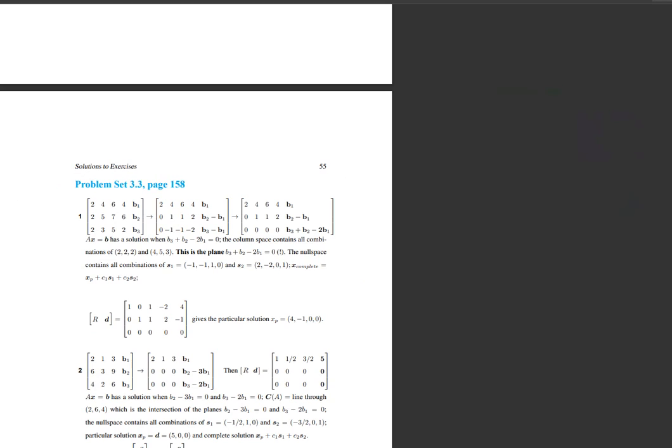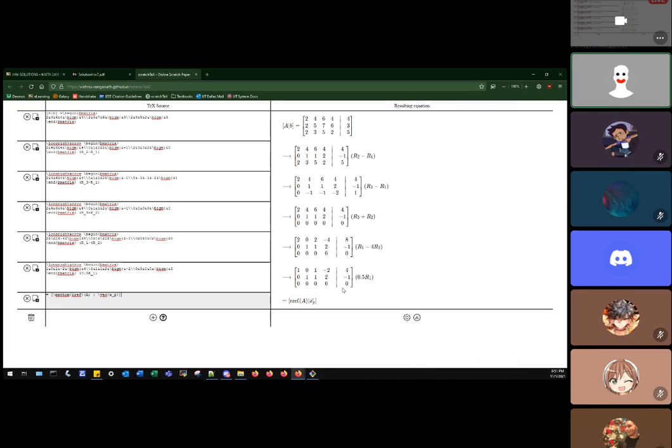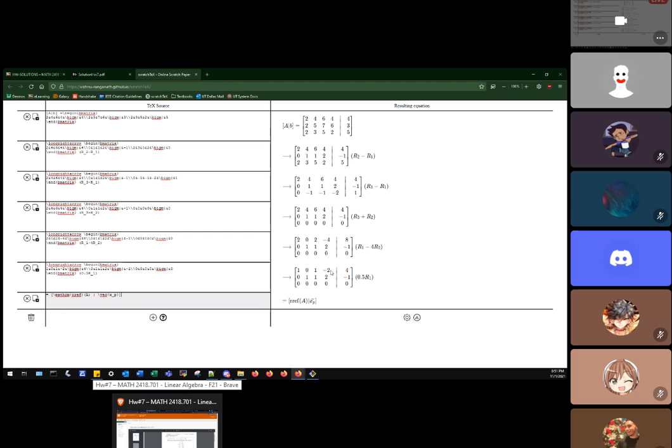Oh, there is another 0 at the end? Okay, that makes sense because the fourth column is free. Wait, this doesn't make sense.